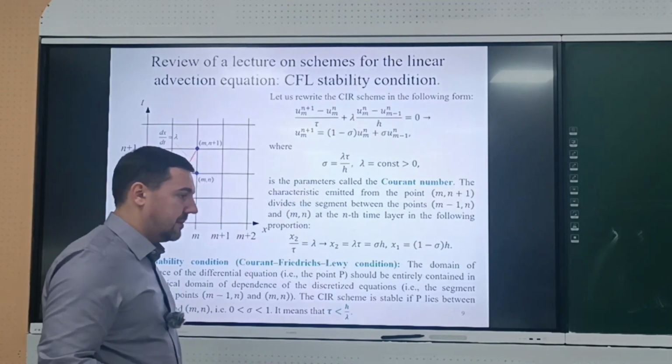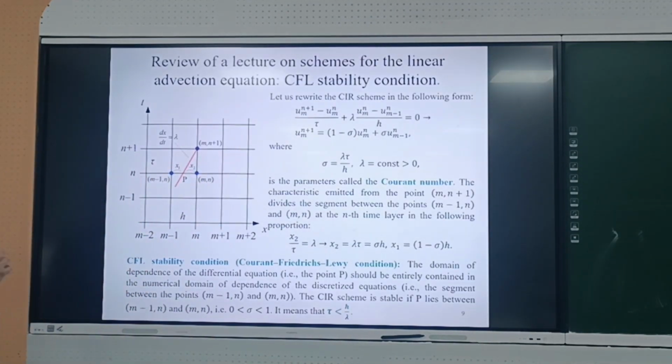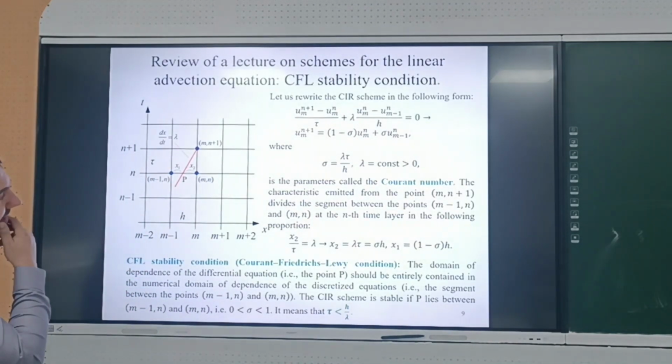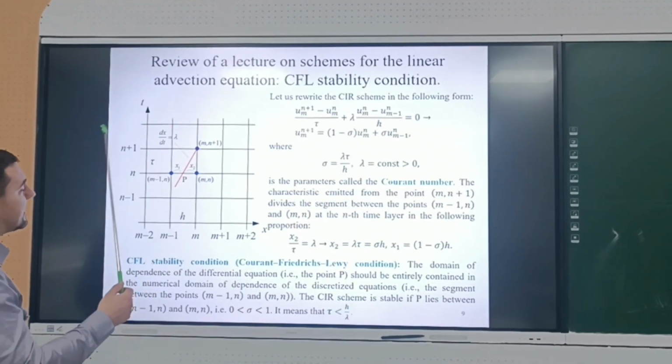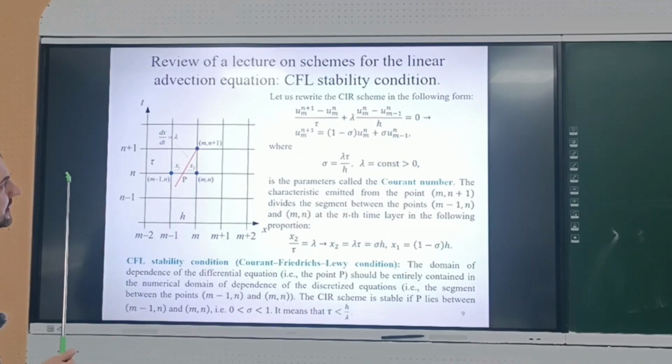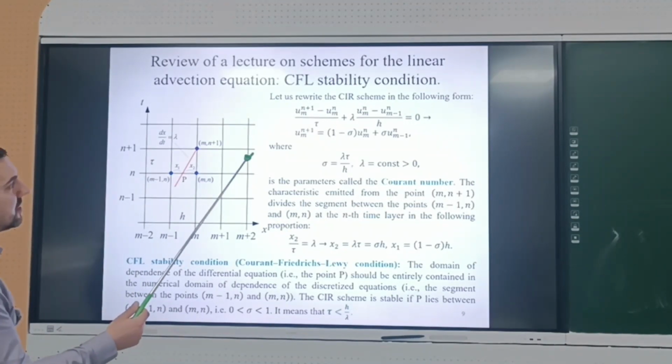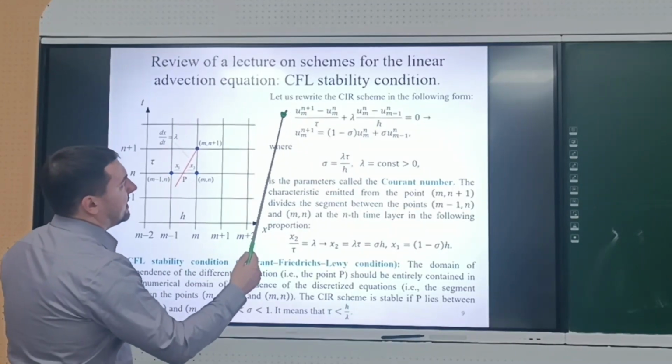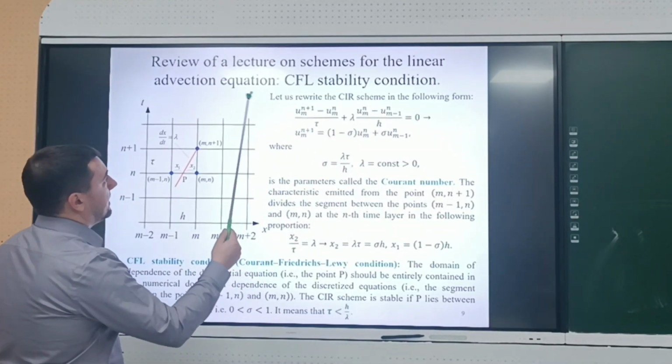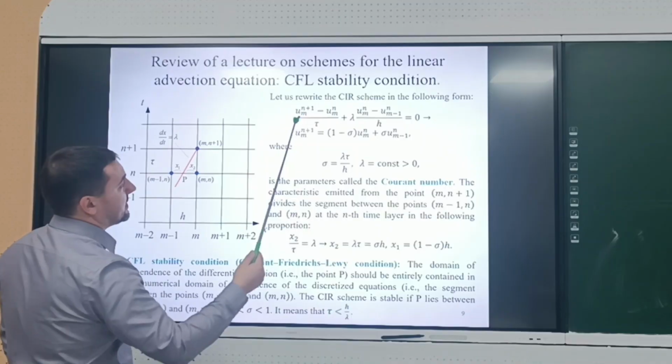Let's start with the time step. First of all, I'd like to remind you what we have for the linear advection equation. We discussed that there is the so-called CFL stability condition. We discussed previously the numerical scheme for the linear advection equation.